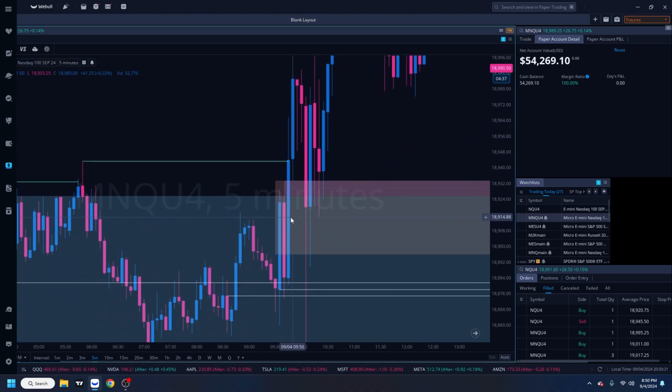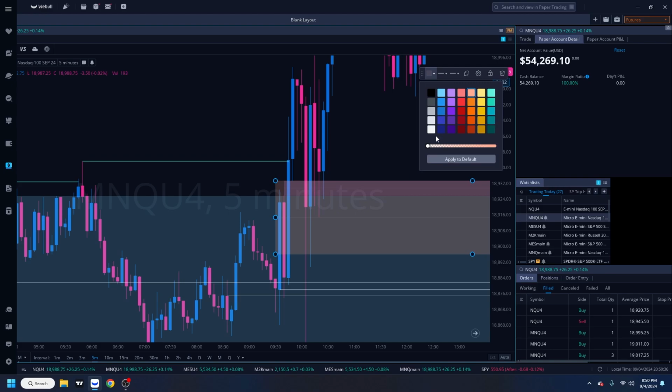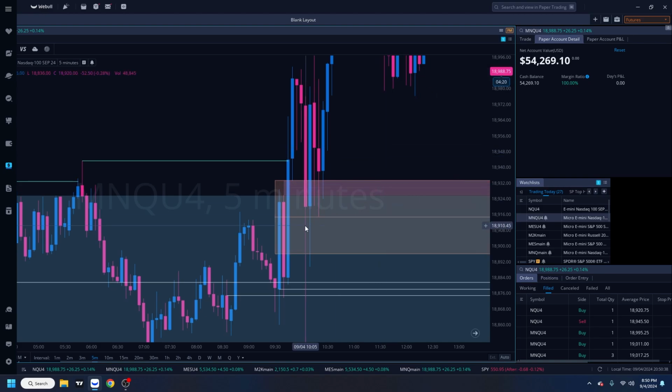That's what consequent encroachment is, 50% of that gap. So this is the 15-minute fair value gap here. We don't get any closes or opens below halfway. And I'll make that darker so you can see it easier. Price shoots up, where we then respect this 5-minute fair value gap here.